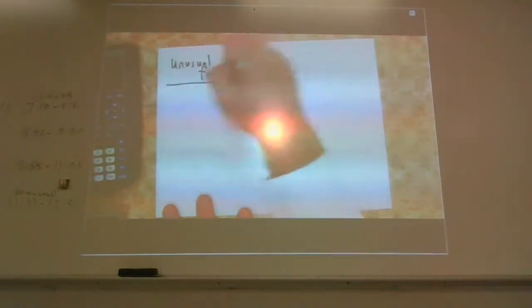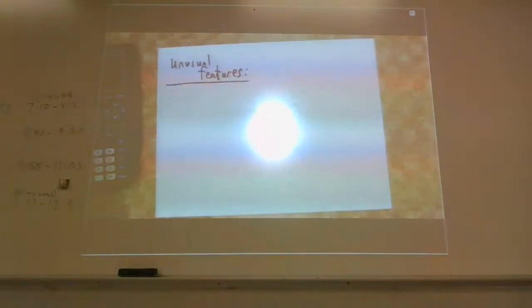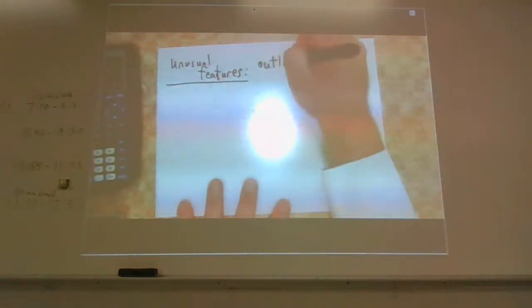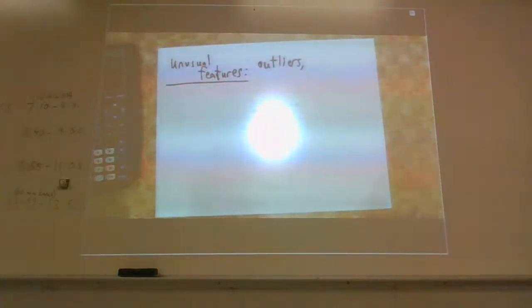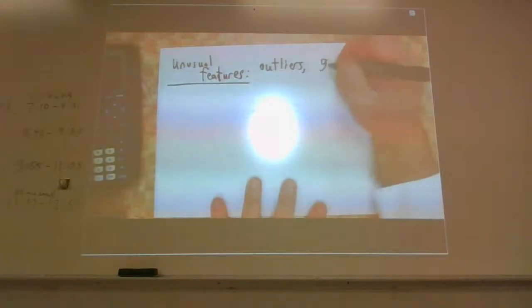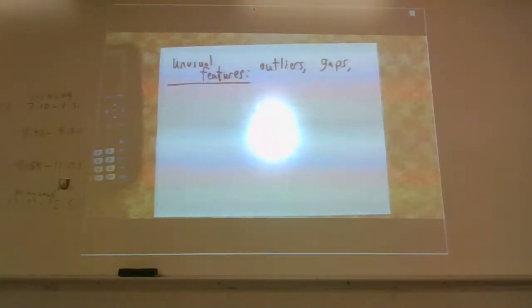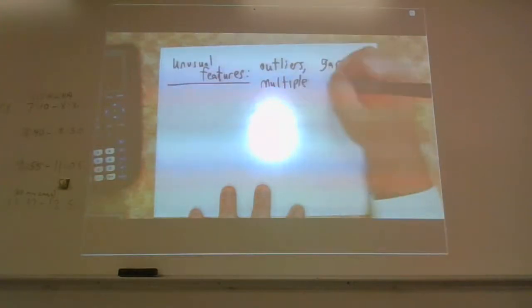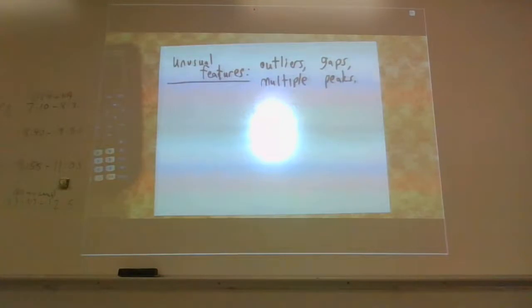In unusual features, you could be referring to something along the lines of, as we discussed, outliers, which we will have a calculation for eventually, gaps, multiple peaks, things like that. Anything that would be considered unusual, we would have to describe, and that would be acceptable.